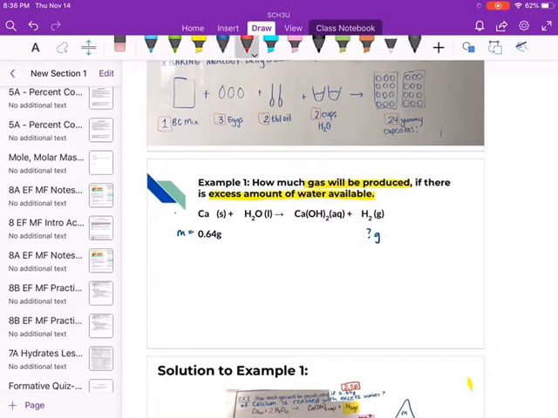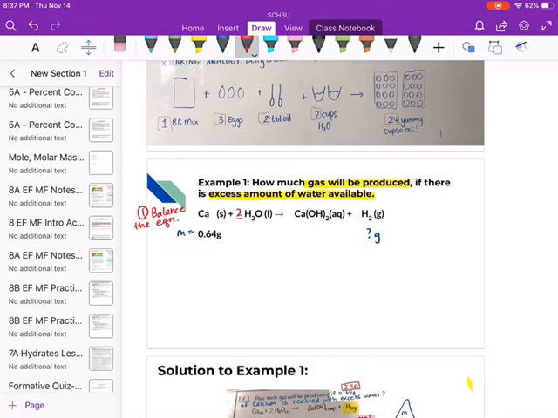So the first step is to balance the equation. Let's see. Calcium, there's 1 calcium on the left as a reactant and on the right. Hydrogen, there are 2 hydrogens on the left, but there are 4 hydrogens on the right. So what would we need to put in front of the H2O on the left? 2.